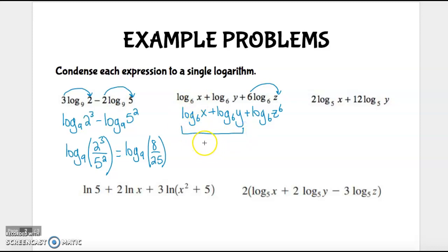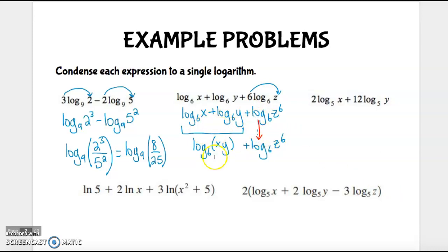So we could do that. These two logarithms, with addition between them, would combine into one logarithm, base 6 of x times y. And then we still have this part brought down, to make it more obvious what I was doing there.